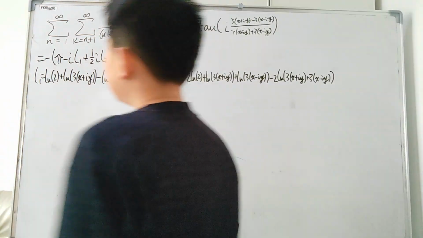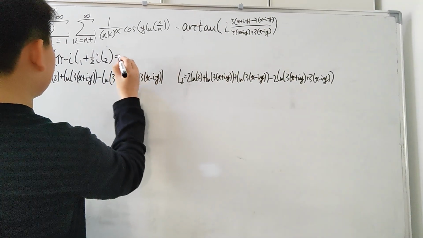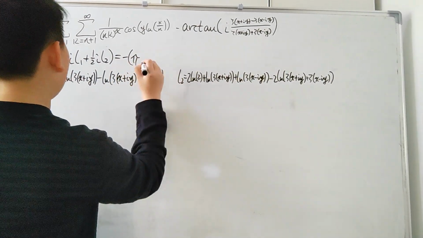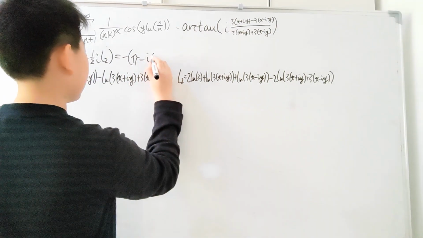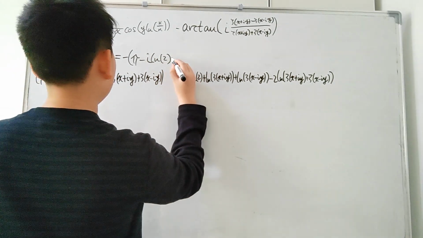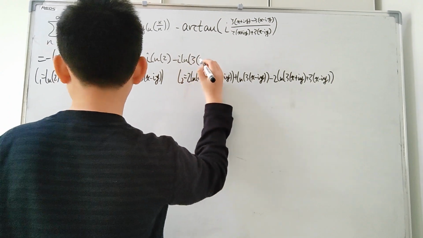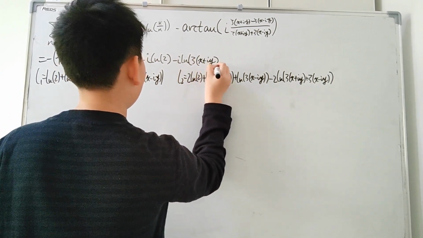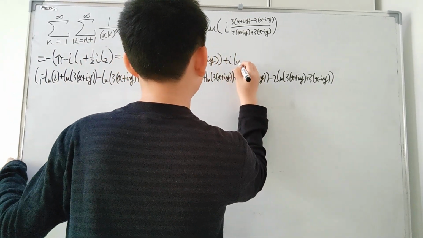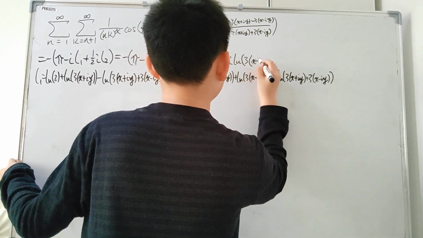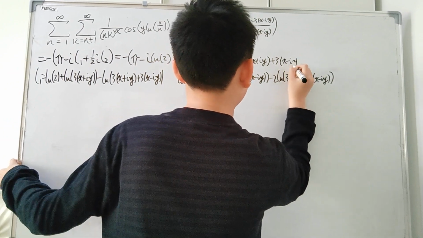So this equals, and I want to write up here, negative pi minus i, I guess we're just going to have to write these out. So we have i natural log of 2 minus i natural log of zeta of x plus iy. Minus is going to be plus i natural log of zeta of x plus iy, plus zeta of x minus iy.